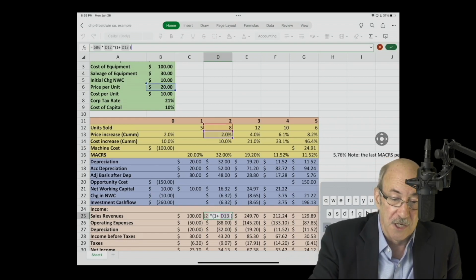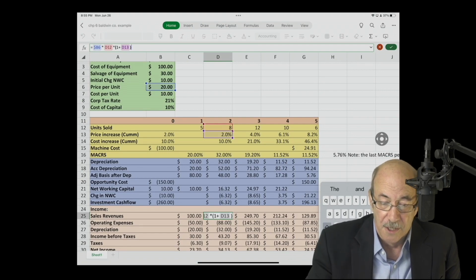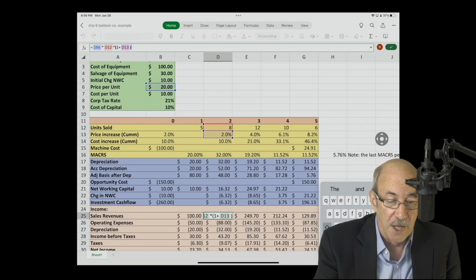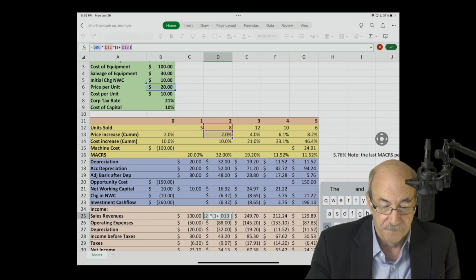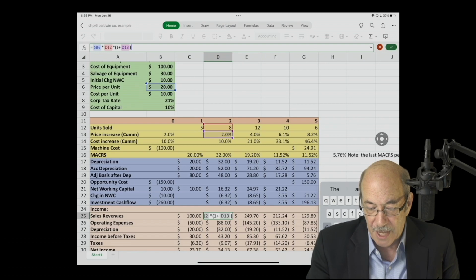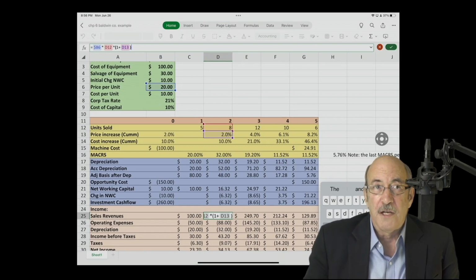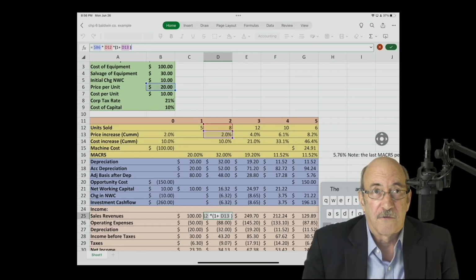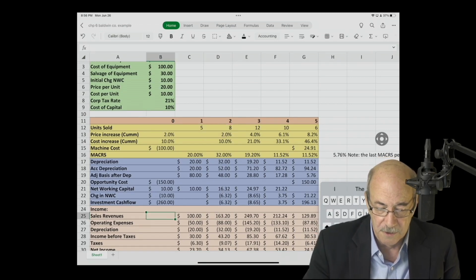So notice here how I'm referencing that cell D12 and D13 as well as B6 to come up with the revenue for year 2. And I do the exact same thing. All I have to do is copy that formula over to the right, and years 3, 4, and 5 are done, taken care of. So it speeds up the work on building this spreadsheet.